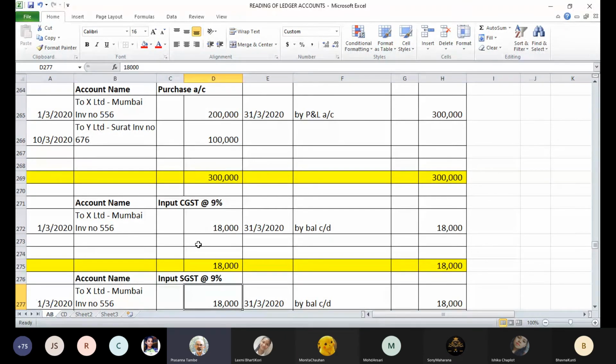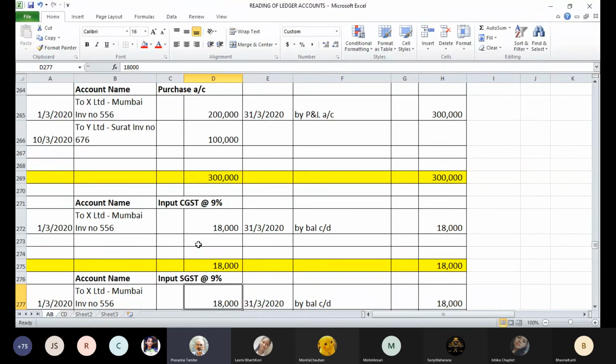Will CGST, SGST, or IGST be charged? It will be IGST, because Y Limited is in Surat, Gujarat, whereas Vijay, the proprietor whose books we are looking at, is in Maharashtra. So it's an interstate transaction.